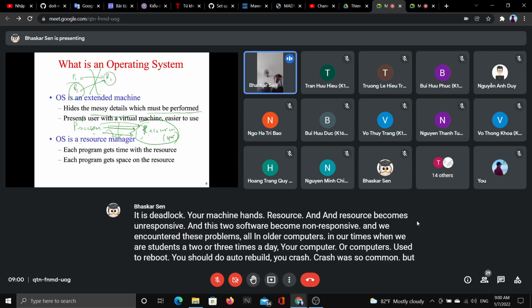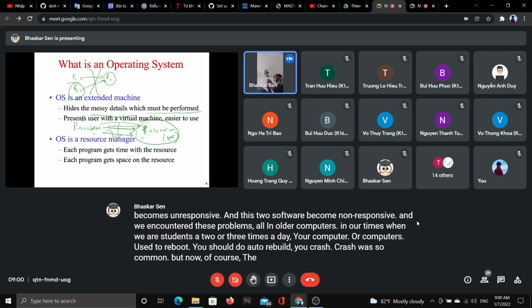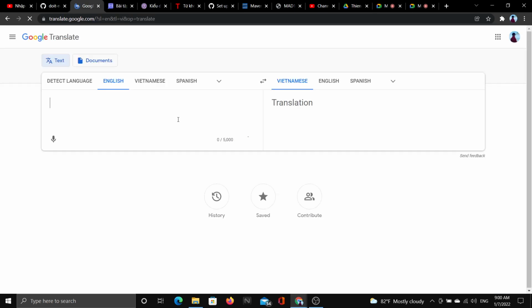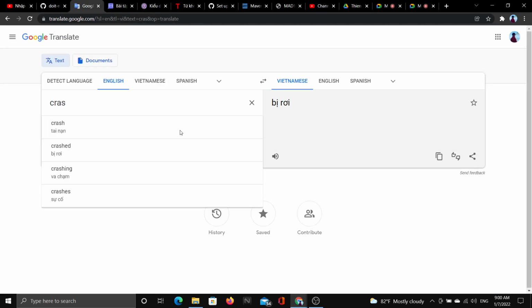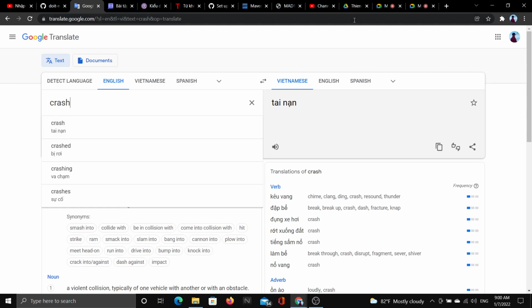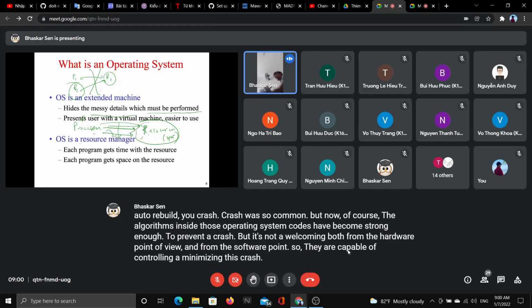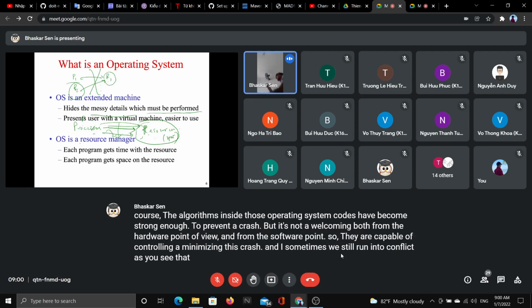But now, of course, the algorithms inside those operating system codes have become strong enough to prevent a crash, which is not a welcome thing, both from the hardware point of view and from the software point of view. So they are capable of controlling or minimizing this crash. And sometimes we still run into conflict, as you see, that non-responding.